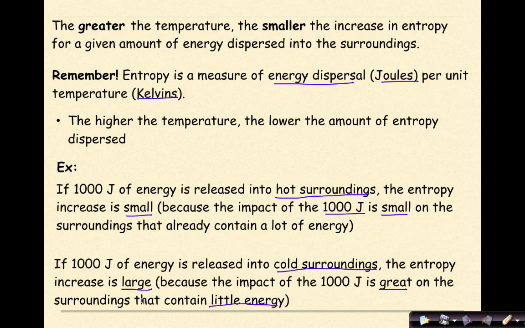It'll have a greater impact on that student going into college than the wealthy person that already has a lot of money. So we can take that analogy and relate it to 1,000 joules of energy being released into hot surroundings, not much of an impact, versus 1,000 joules of energy released into cold surroundings where you'll see much more of an impact.